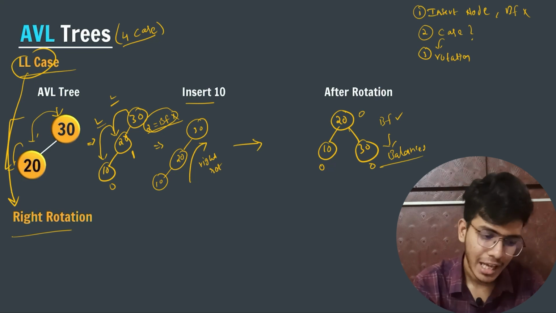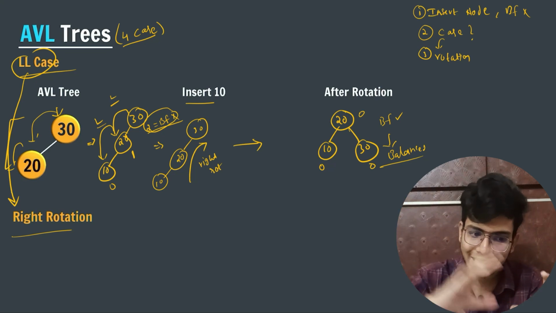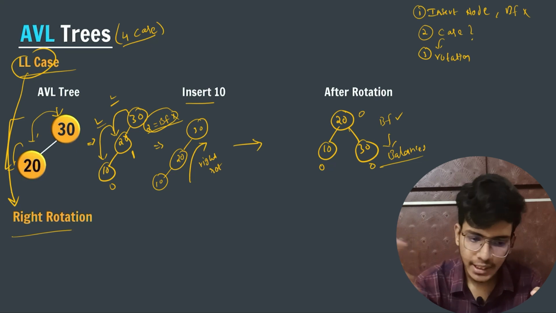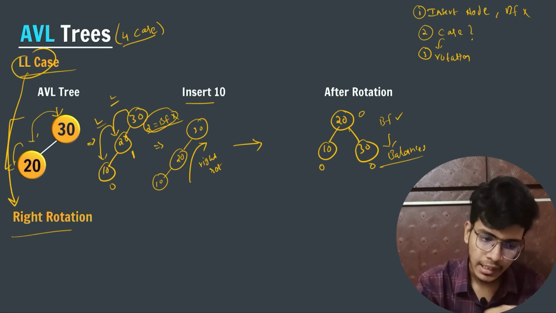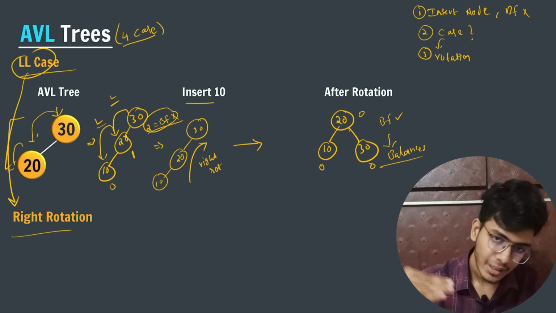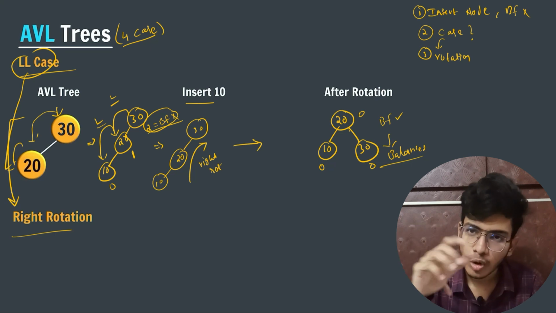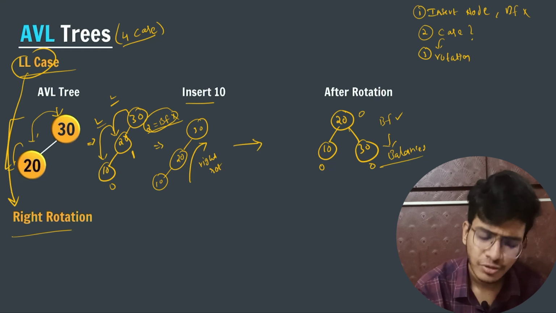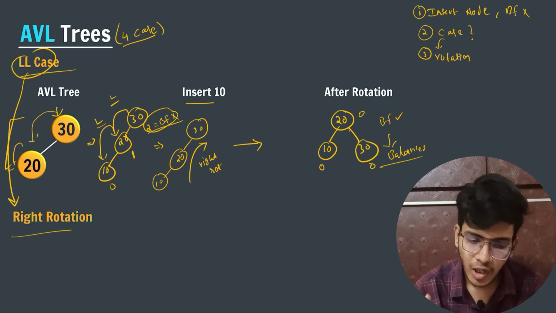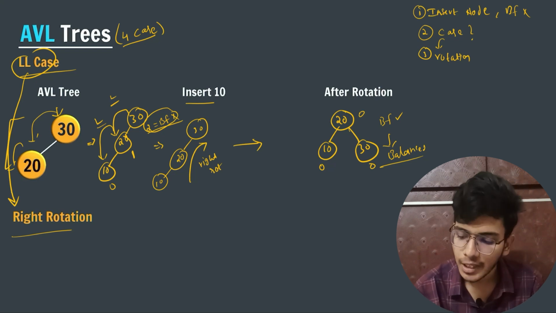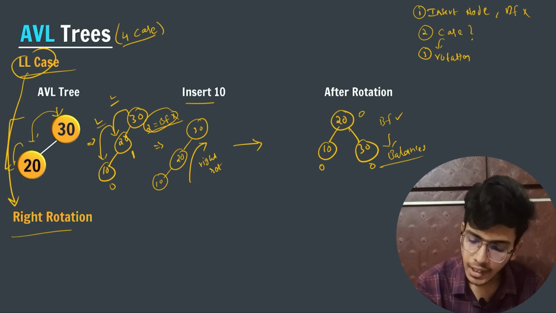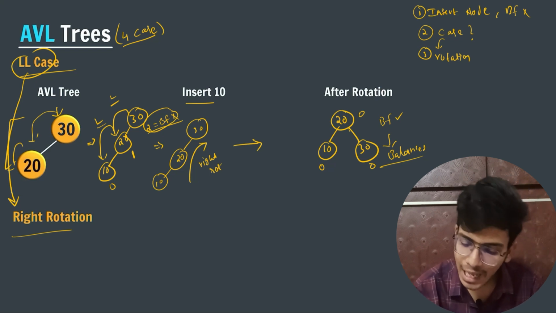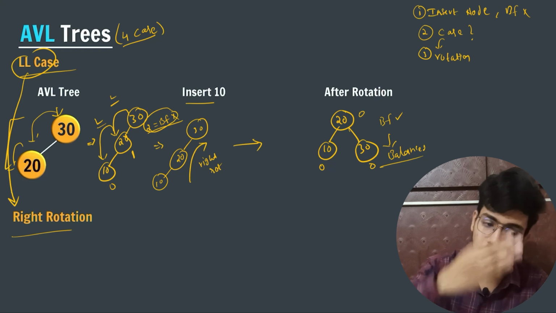So I am summarizing. I have 30 and 20 nodes. Now I need to insert 10, and when I inserted 10, the balancing factor for my root node got disturbed. It got disturbed because I inserted the element on the root's left part, and again on the secondary root's left part.